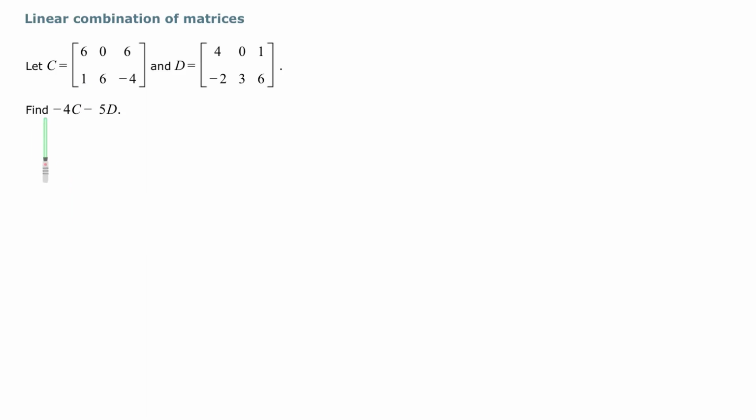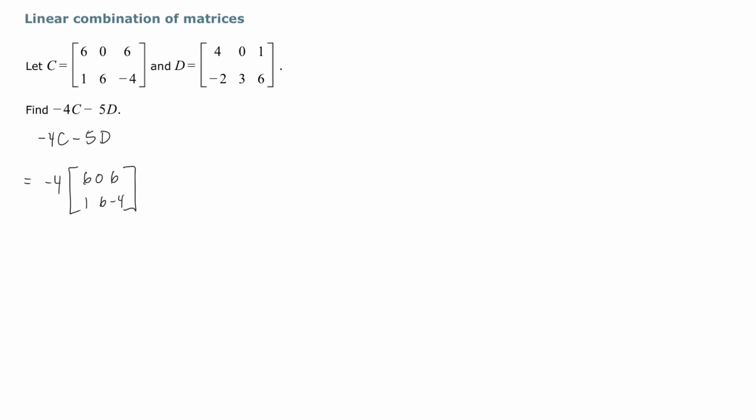It does want you to find this expression. Find the expression -4 scalar multiplied to C minus 5 scalar multiplied to D. Why don't we write this expression out and manipulate it, and let's see what happens. -4 times matrix C minus 5 times matrix D is equal to -4 times [6, 0, 6; 1, 6, -4].